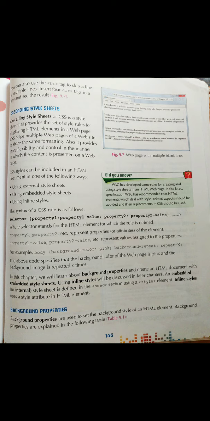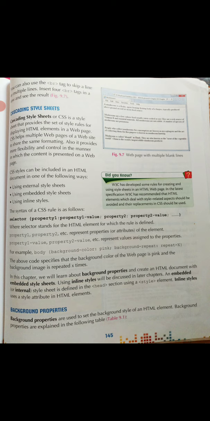Second one is using embedded style sheets. And the third one is using inline styles. So there are three ways of using CSS styles in your HTML document. Clear this much? Understood?